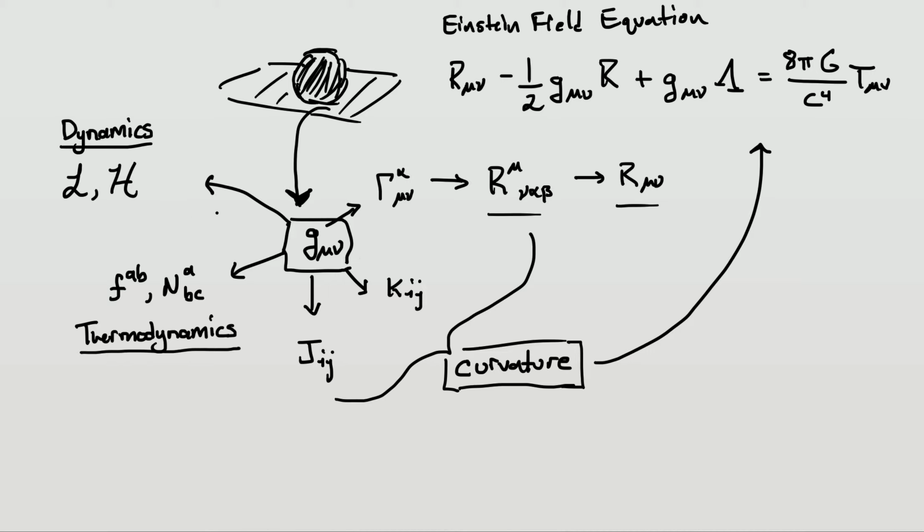So this summary isn't totally complete because in the previous slide I showed that this R mu nu here, this Ricci curvature tensor, also shows up in the Lagrangian, and the dynamics is right here. But we see right here that there's a connection between dynamics and curvature.